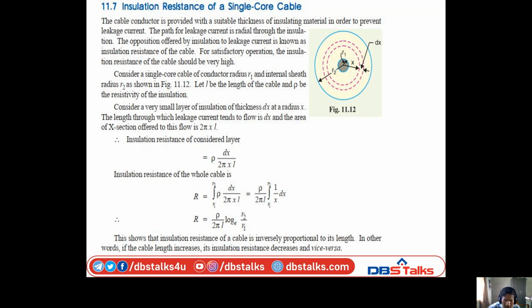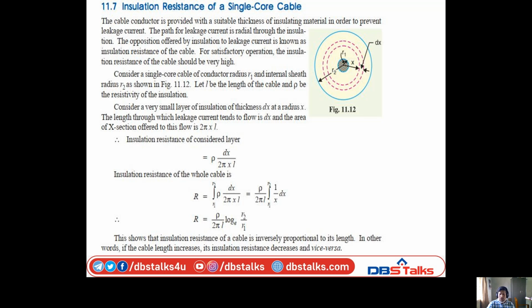Now this is for a small insulation thickness dx. This is applicable to the whole cable. Therefore, R is equal to the integral from limits r1 to r2 of rho dx by 2 pi x l. Here rho, 2 pi and l are constants, but x is not.